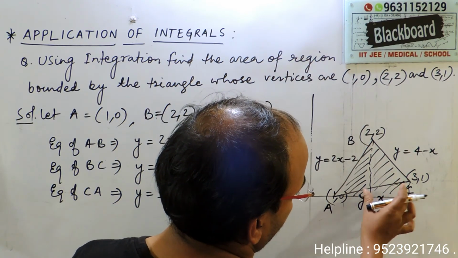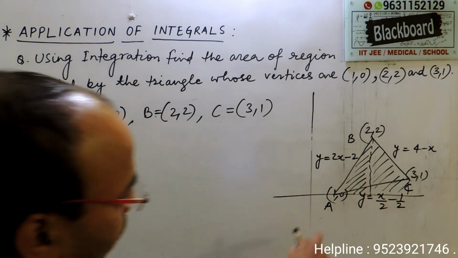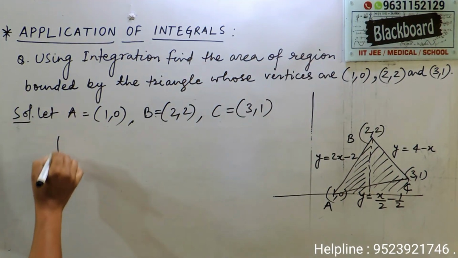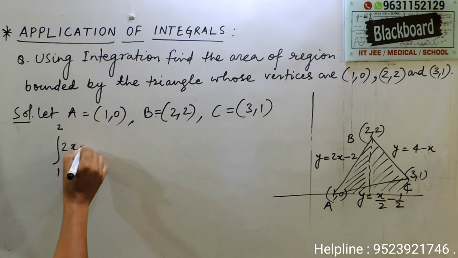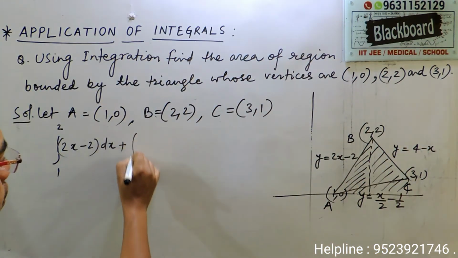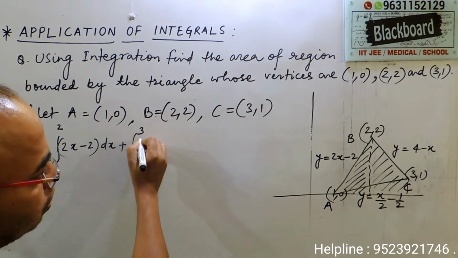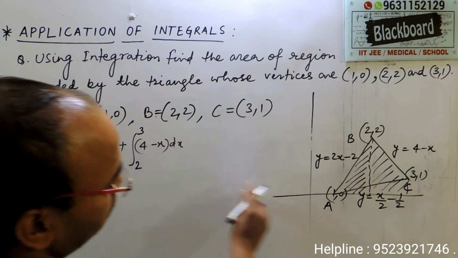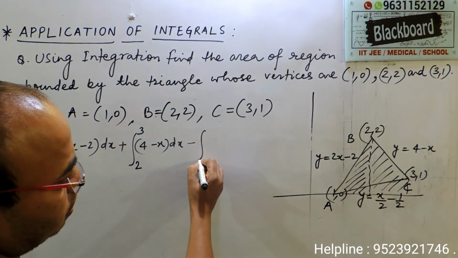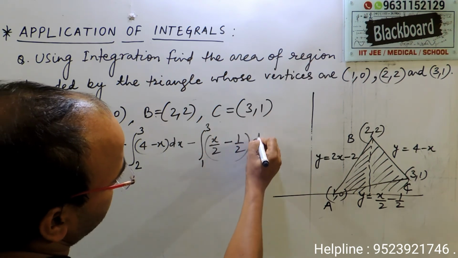The small triangle at the bottom we will subtract. Adding these two areas and subtracting this one, you will get the area of the triangle. Now integrate from 1 to 2 this function, and integrate 4 minus x from 2 to 3. Integral from 1 to 2 of (2x minus 2) dx plus integral from 2 to 3 of (4 minus x) dx, minus integral from 1 to 3 of (x by 2 minus 1 by 2) dx.